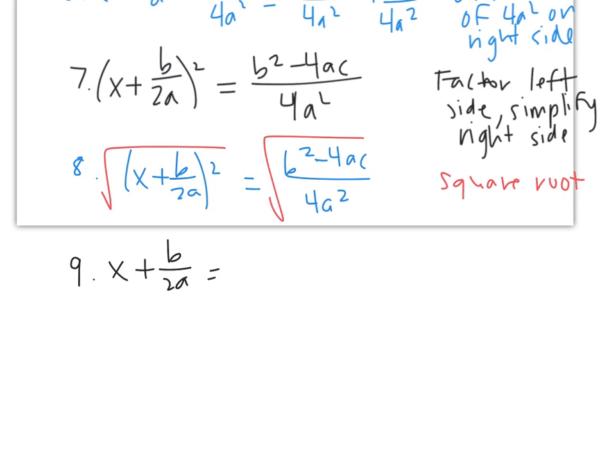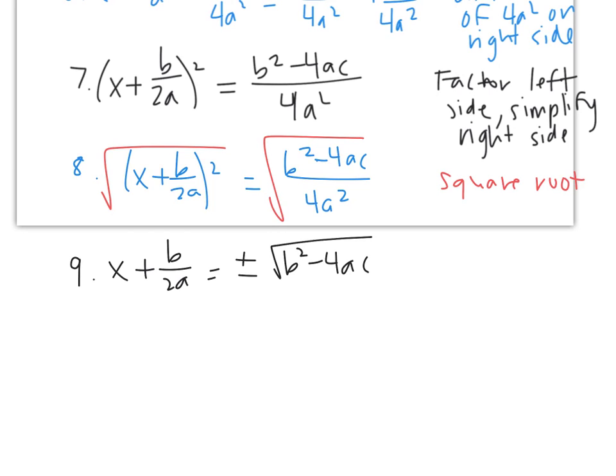equals, then on the right-hand side, plus or minus, now I can't take the square root of my numerator, right? b squared minus 4ac, because I cannot take the square root of variables that don't have even exponents. That won't come out nicely. Right now I'll still have something left under the square root, so I'm going to leave the whole numerator under the square root, the whole expression of b squared minus 4ac.